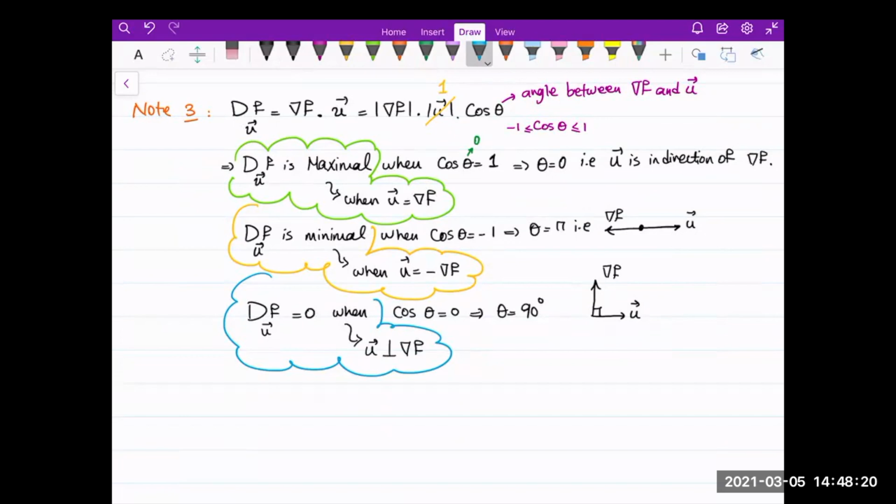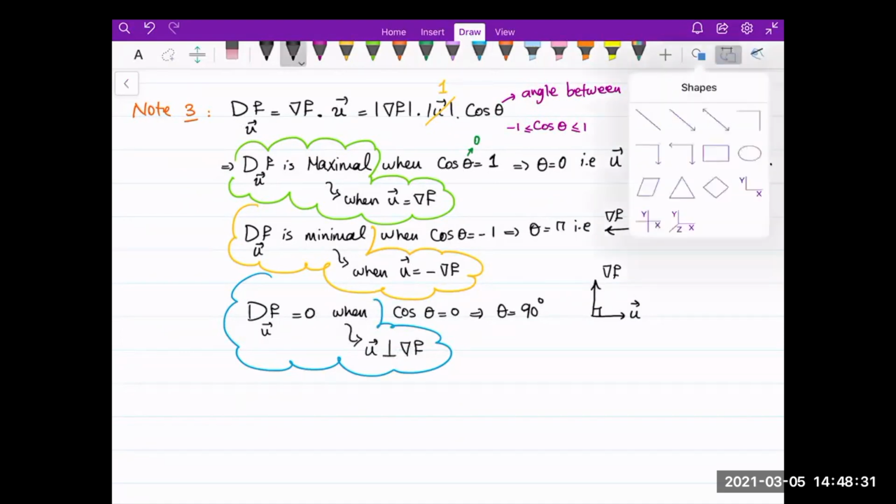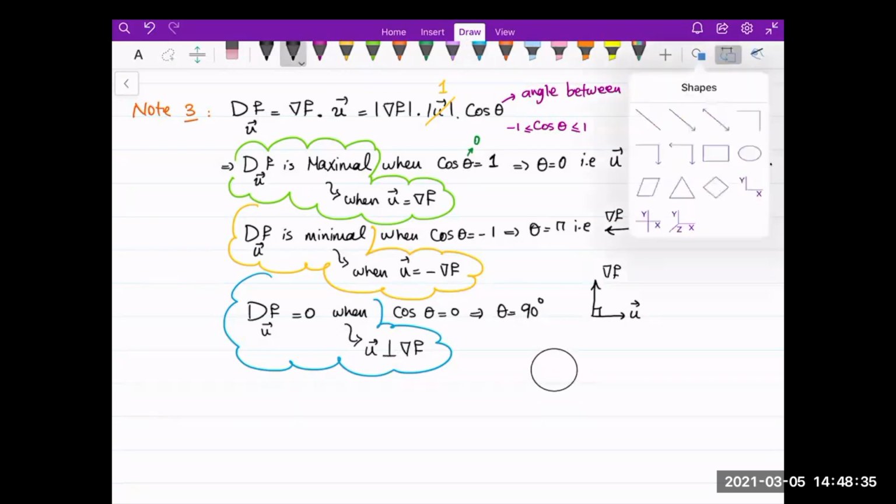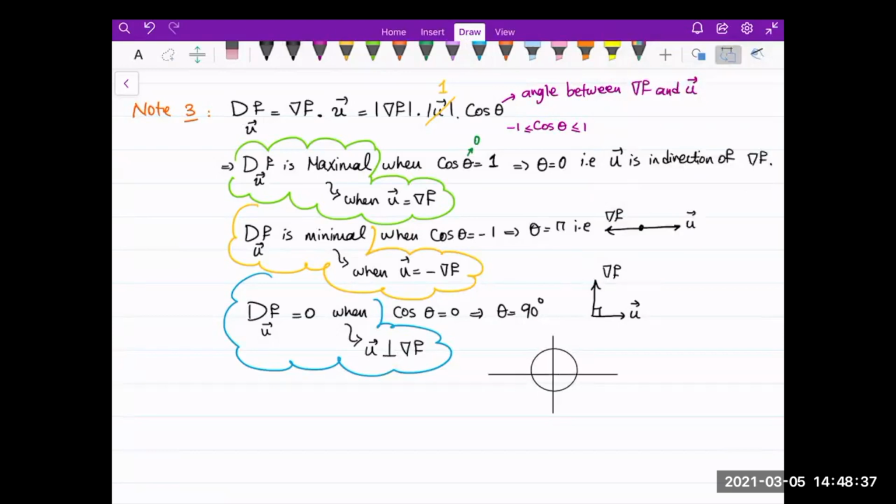So when do we get this situation? We said that gradient of f is perpendicular to the level curves. So if you have level curves for the previous question, for example, that was the level curves. Okay. Then we say that the gradient vector is perpendicular to the level curve, right?